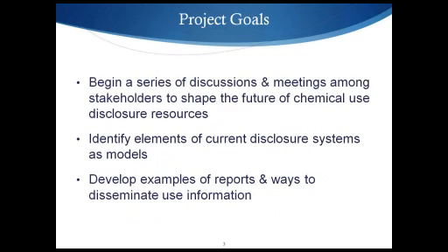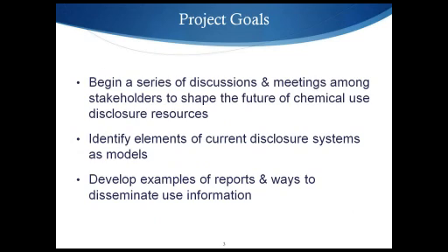Before we get going into the examples, I do want to talk a little bit about this project and some of the goals that we're looking at for this project. We're really seeing this webinar today as a way to begin a series of discussions and meetings among stakeholders over the next 6 months or so to help shape the future of chemical use disclosure resources.